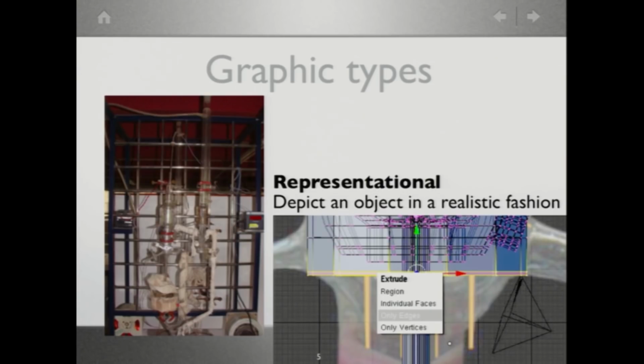The second type is a photograph, which is a depiction of the realistic way in which the object is. For example, on the left hand side you can see the glassware which is used for some chemical experiment. A photograph will tell you exactly what is the proportion between the main glass flask and the tubes and other things.